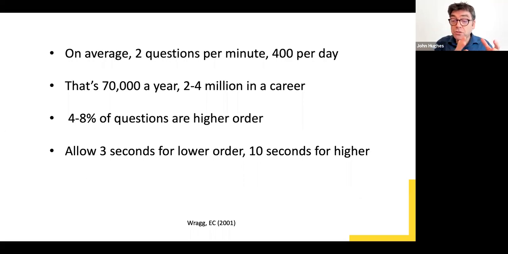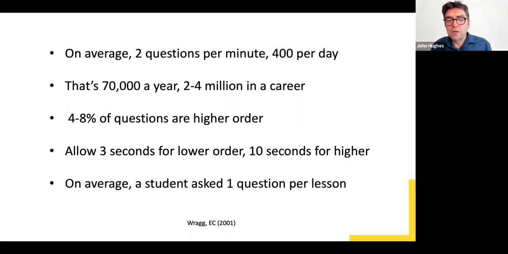And that's why we put students in pairs and in groups and say, here are your higher order thinking questions. Get into groups and discuss them and then report back. So that wait time is really important, that thinking time. And we can't underestimate it as teachers. The other thing that they noticed in the study that I thought was important was that on average, students were only asking one question per class.